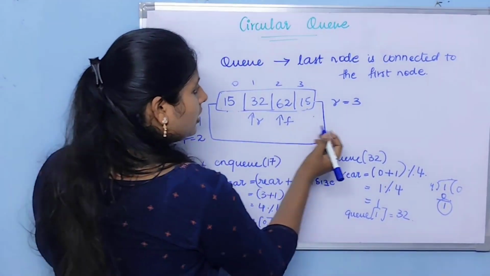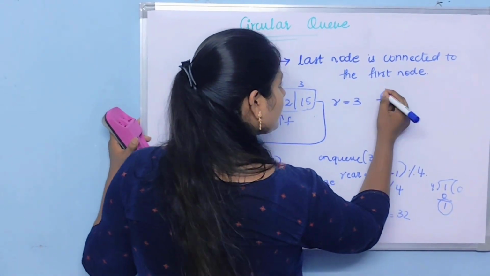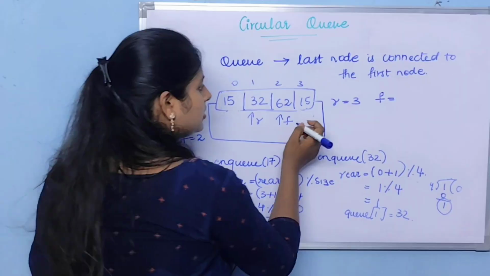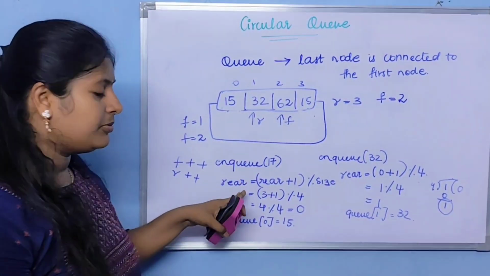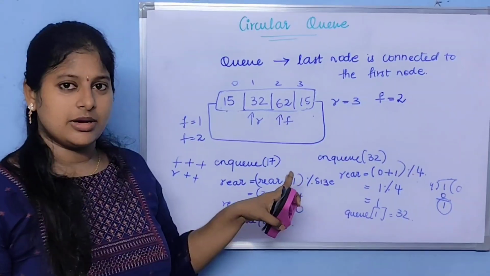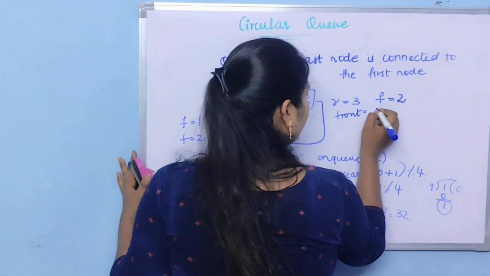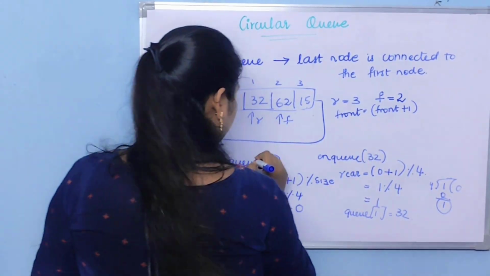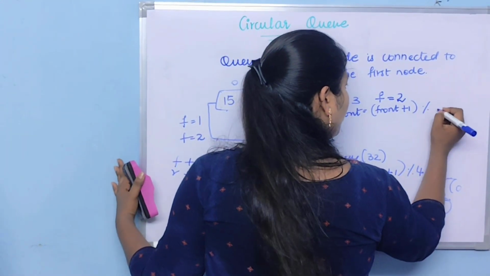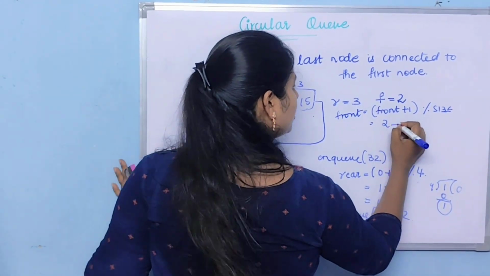Now, what is my front right now? Front equals 2. For deletion, almost the same formula is applied. See the formula. Front equals (front plus 1) mod size, right? What is my front? 2 plus 1.